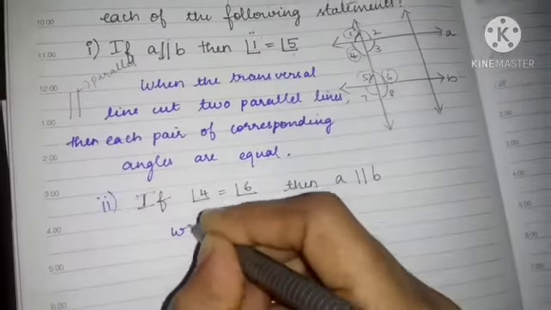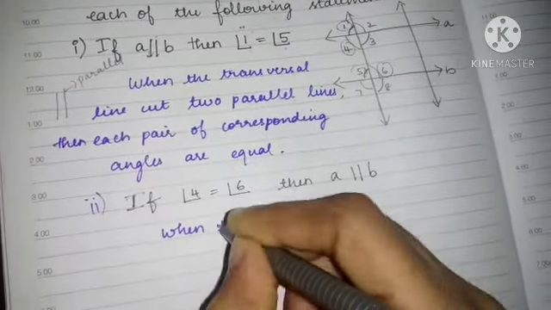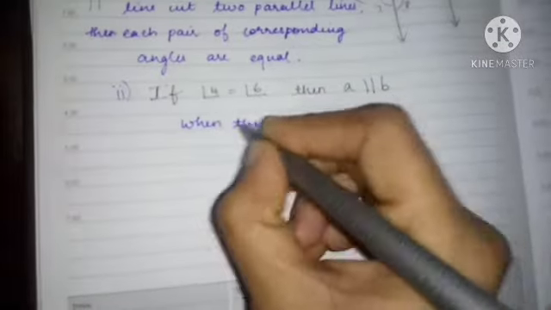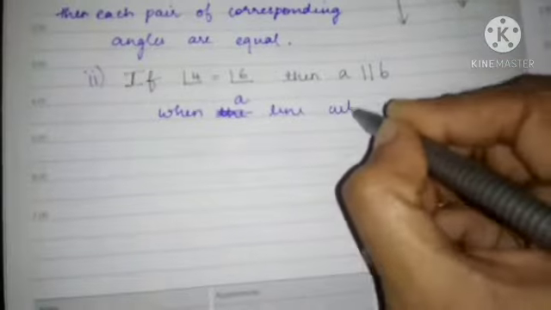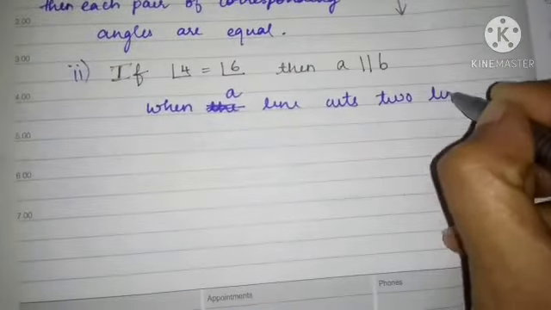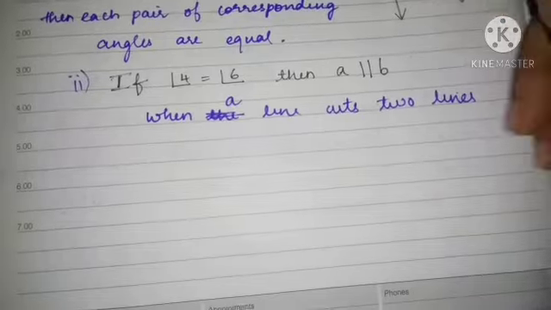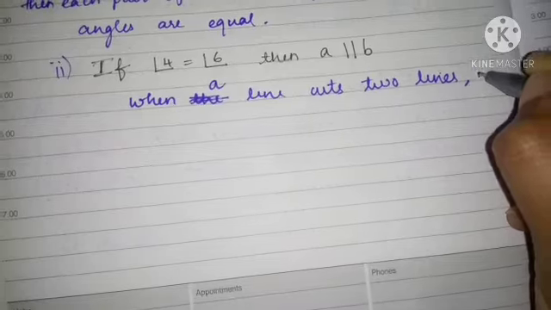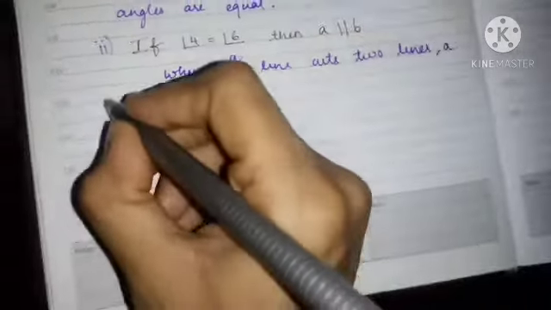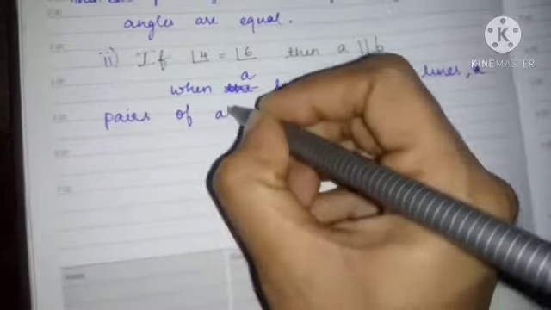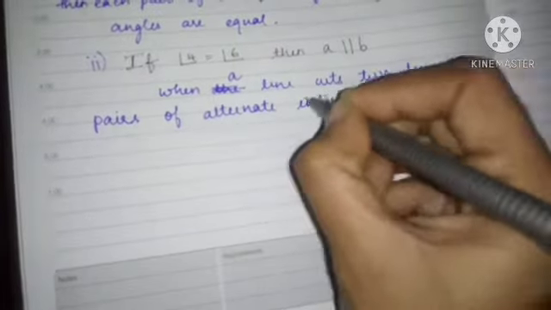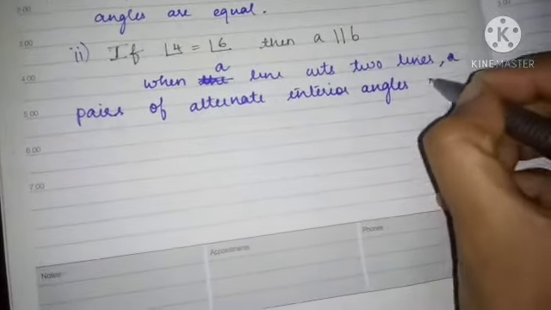It is only a single line, children. When a line cuts two lines, then a pair of alternate interior angles are equal.